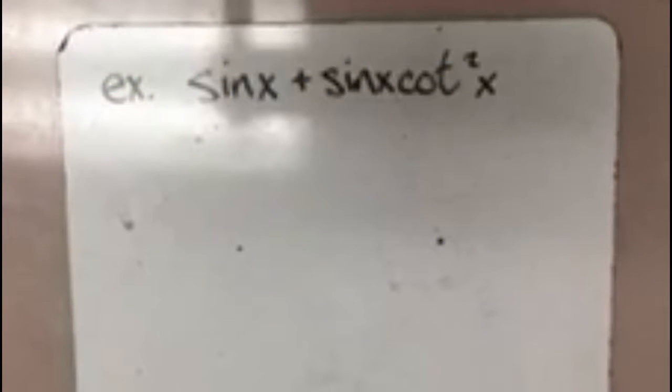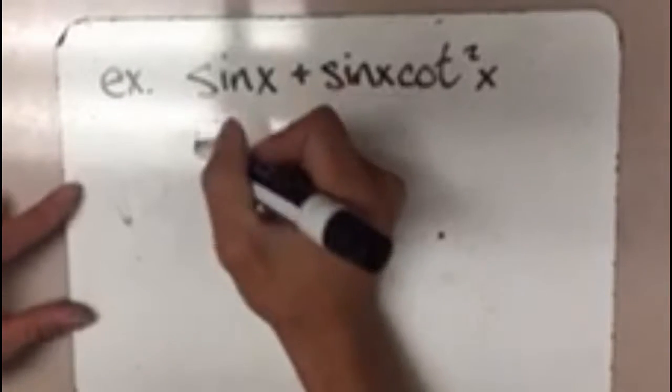Okay, so the first example that we're going to do involves the Pythagorean identity as well as the reciprocal identity combined into one equation. The question asks to simplify sine x plus sine x cotangent squared x. The first thing that we have to do in this equation is factor out the sine.